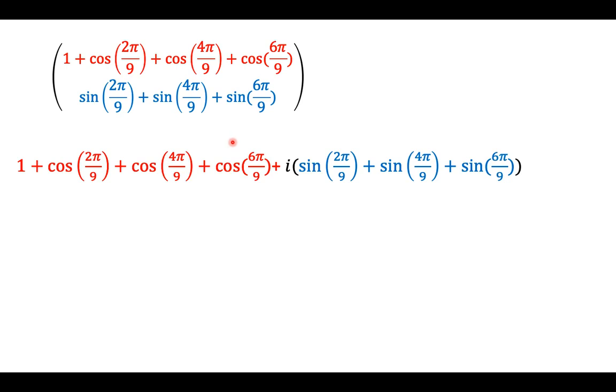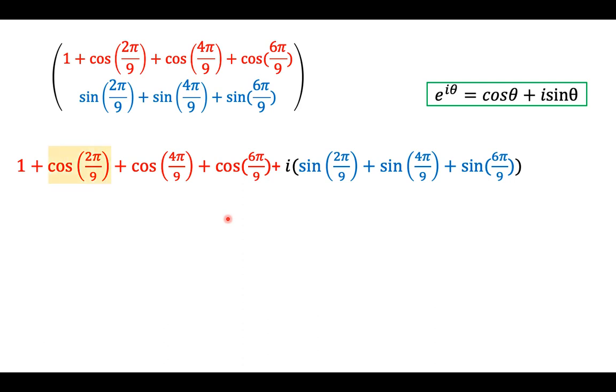Okay, so if we now look at this position vector as a complex number, it's quite easy to see that it is represented by the real part plus i times the imaginary part, where the y part is our imaginary part right here. Now we are reminded that e^(iθ) is equal to cosθ + i sinθ.